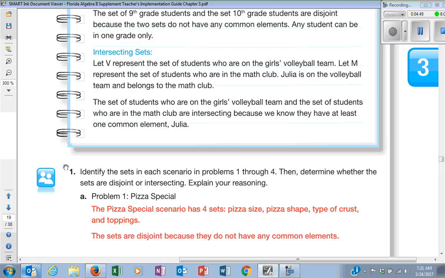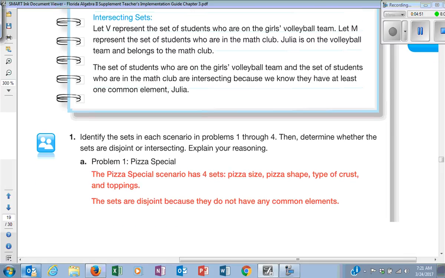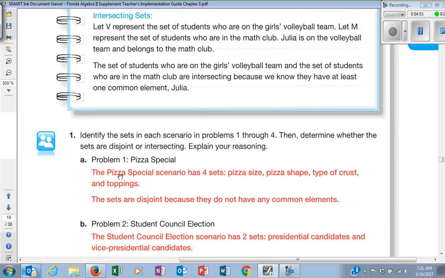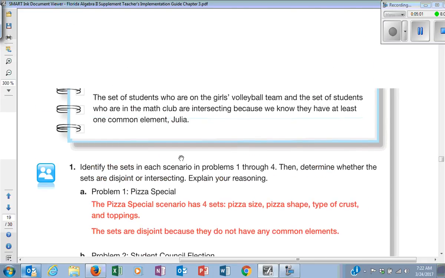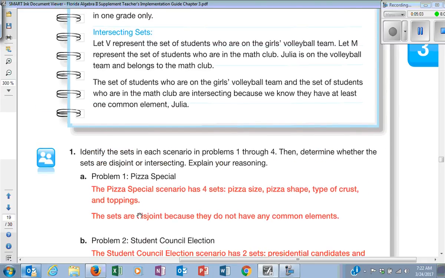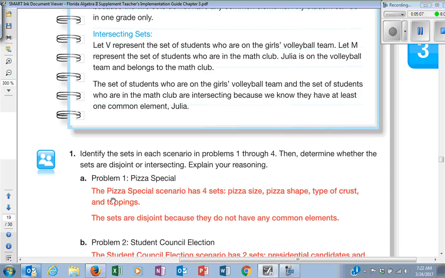That's going to help you out with this, right? Because look, it says the pizza special has how many sets? 4, because they had 4 things that we needed to fill in, right? Now, did this set, this set, this set, and this set, did any of those share any of those things in common? No.